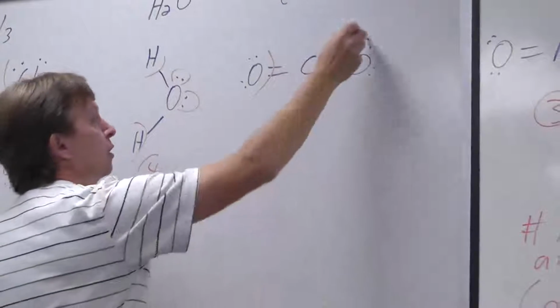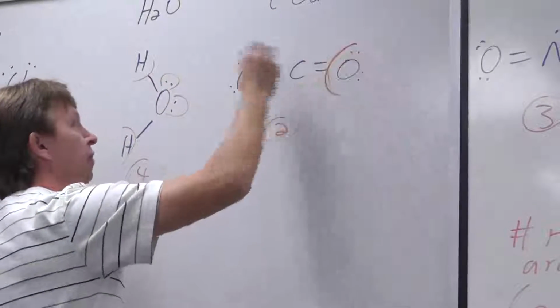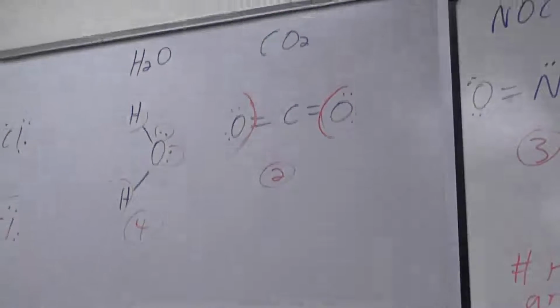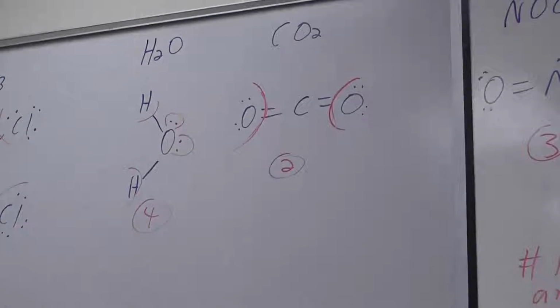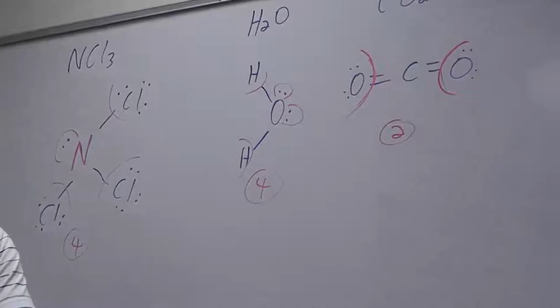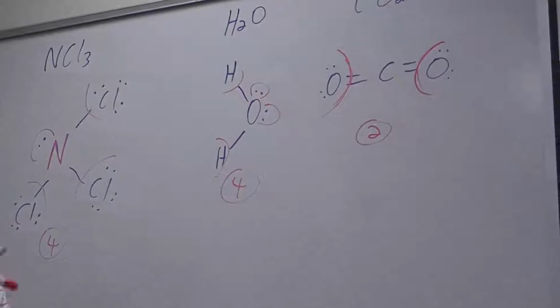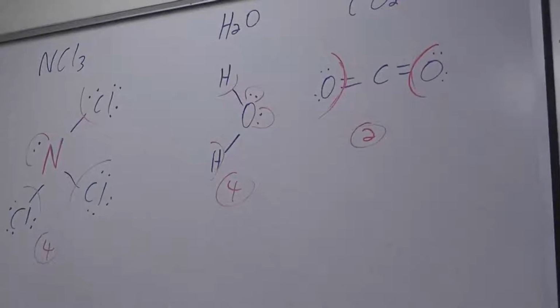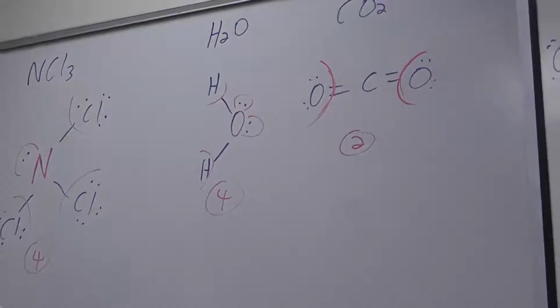All it knows is there's an oxygen over here, that's one big swarm of electrons, and an oxygen over there. It doesn't have any lone pairs of its own, so it's only two regions to be geometrically accounted for. Question on looking at a Lewis structure and seeing how many different regions of electrons there's going to be? All right.